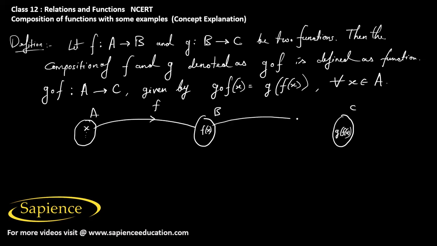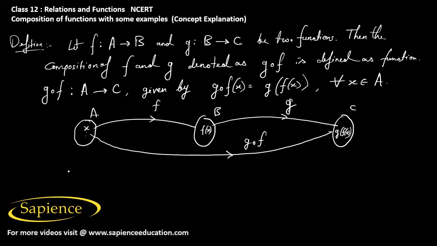So g is the function which maps from B to C. Then g of f is the function which maps from A to C. So the input of the function g should be f of x and the output is g of f of x. And for the function f, the input is x and the output is f of x.